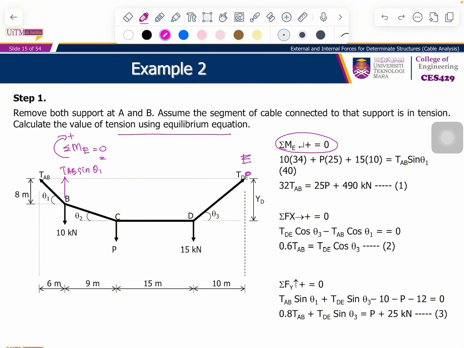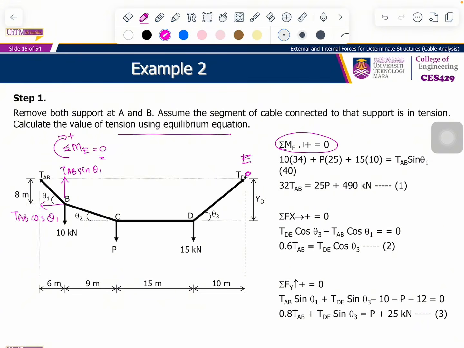So for the inclined force, firstly we make it a vertical load and a horizontal load. For the vertical component, TAB becomes TAB sine theta 1, and for the horizontal component, TAB cos theta 1.